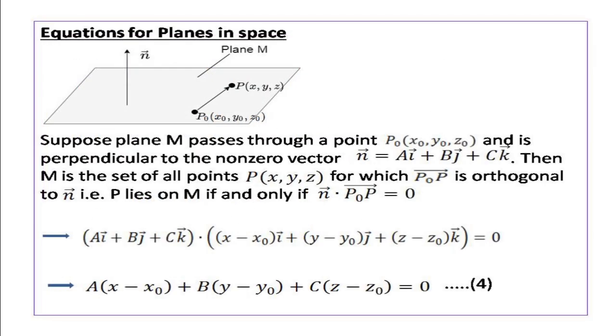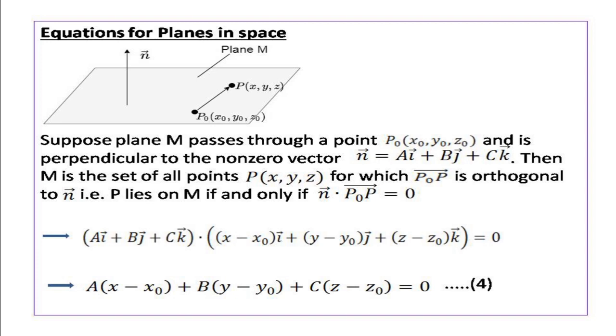Next is equation for planes in space. Suppose we have a plane M passing through a point P0, x0, y0, z0 and is perpendicular to a non-zero vector, vector n equal to a vector i plus b vector j plus c vector k.